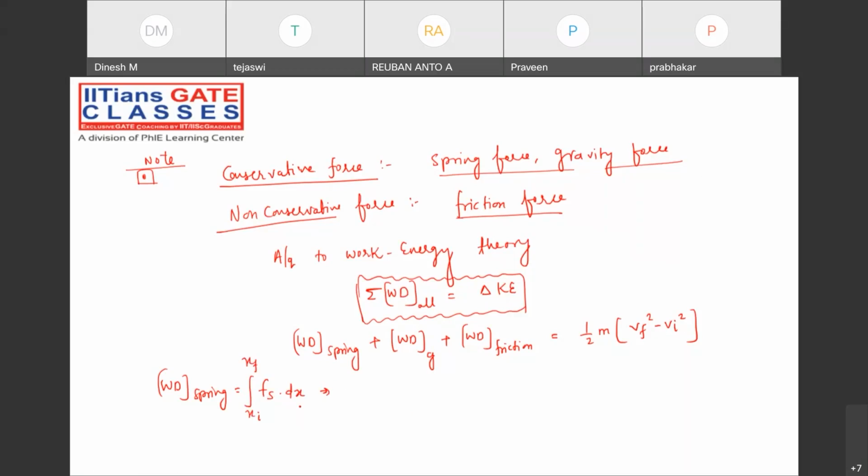What is the spring force you have? Spring force, you know that, minus k into x. Yes or no, guys? Whether fundamental things are clear or not. So can I write half of k into xi square minus xf square, where k is nothing but stiffness of the spring.